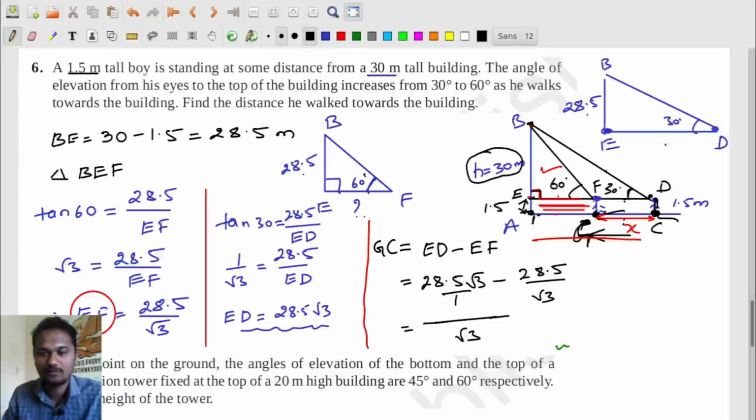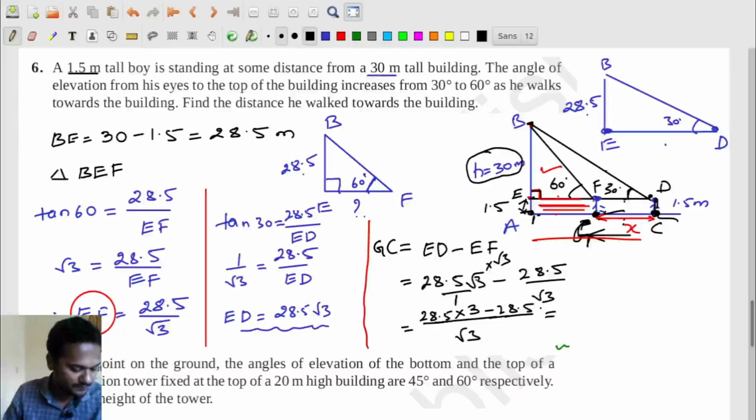Now cross multiply 28.5 into root 3 into root 3, because we have denominator 1 here. You need to multiply this with root 3, then you will get 3 minus 28.5. Now how to simplify this one?